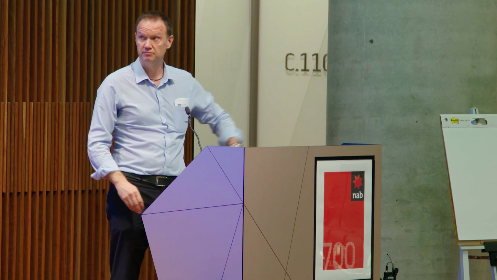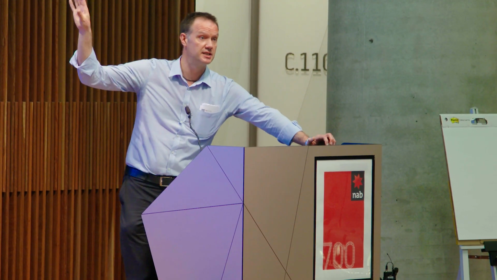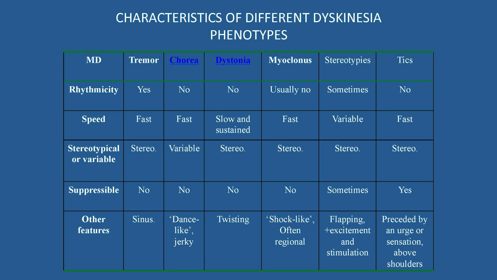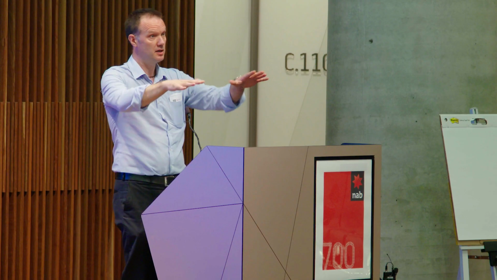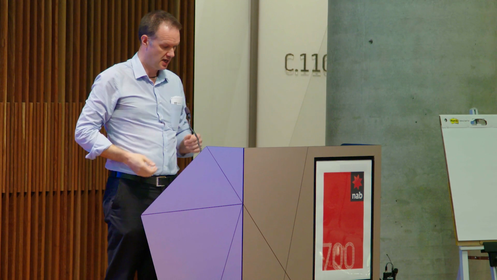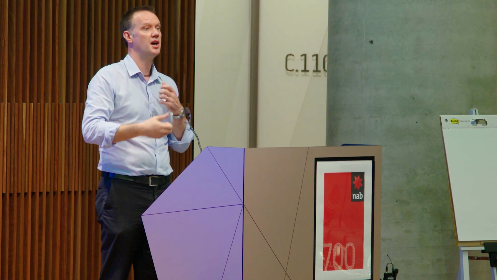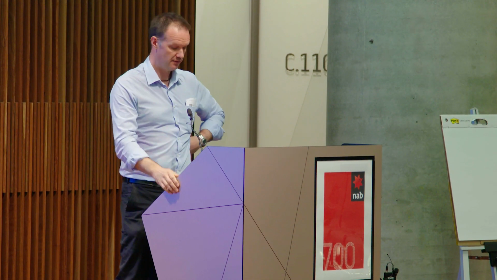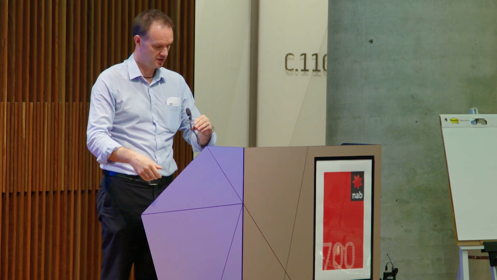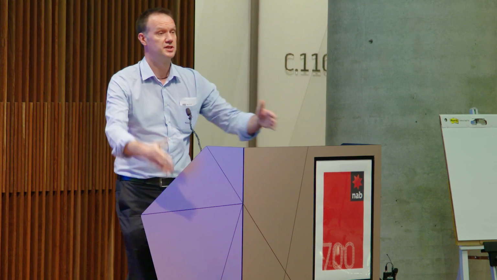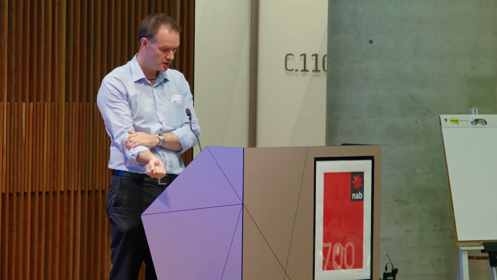Just to help you appreciate, these are the different movement disorders that we see in children. Tremor is this. Chorea is the Greek word for dance, which means an irregular involuntary movement disorder. I have to be able to impersonate movement disorders. Hope you appreciate this. Dystonia is this twisting movement disorder.